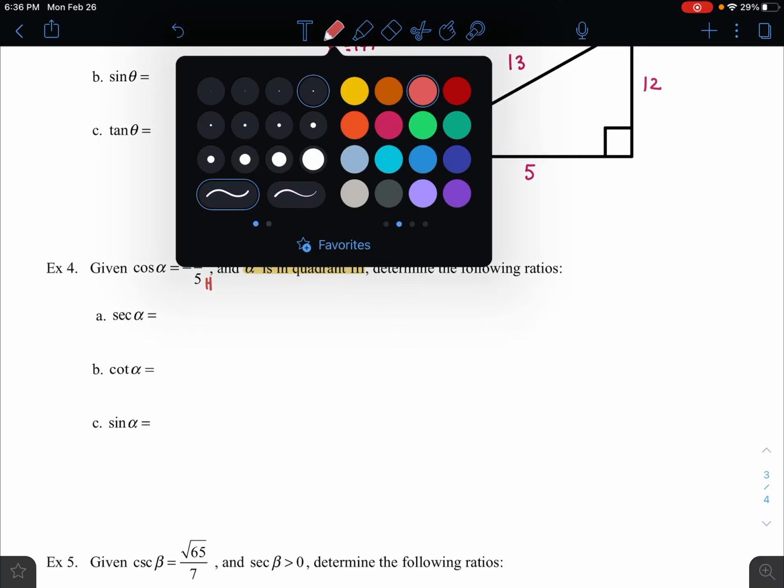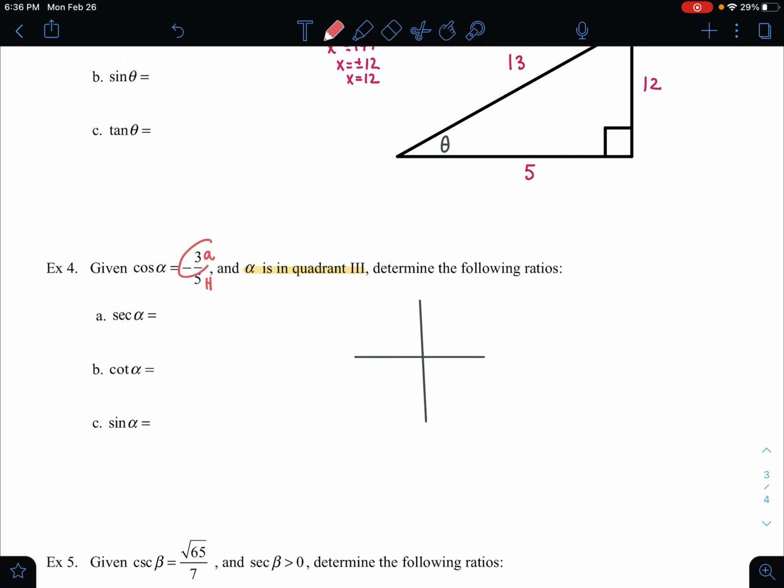Hypotenuse represents your terminal line. So we know that our adjacent, our x value in quadrant 3, is negative. We know that our hypotenuse will be 5, and we can now solve for this missing side.